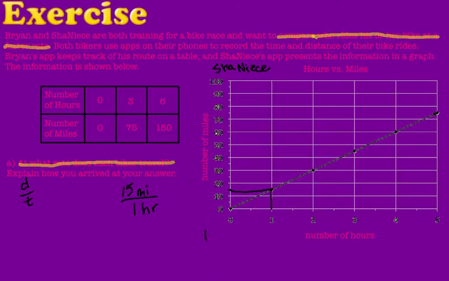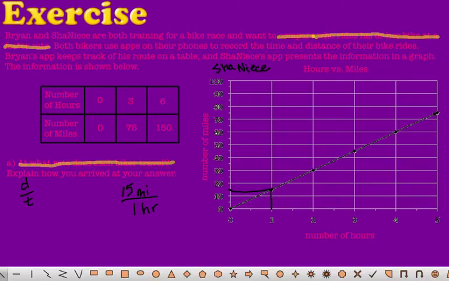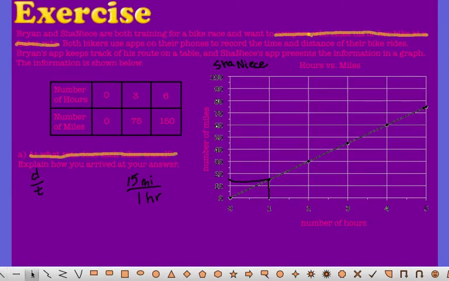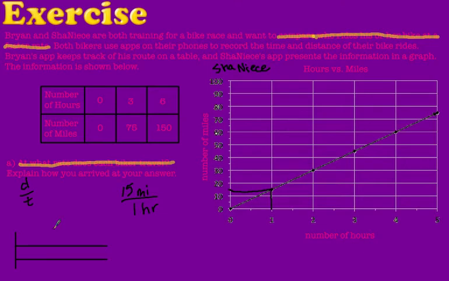Okay, and then for Brian, what we can do is we can use a double number line to show the relationship. And you see here that they don't give us, in the table, the value for 1 hour, so we have to find it.